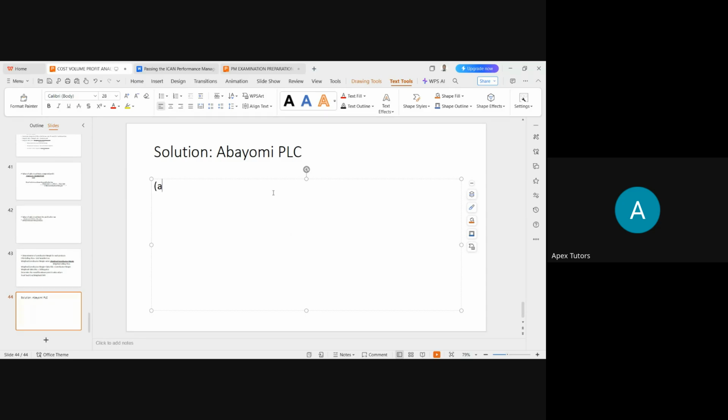A. To determine break-even points in units based on multi-products.